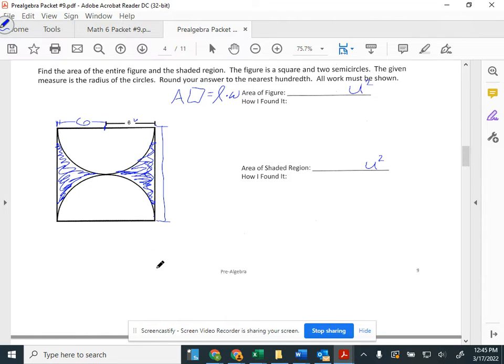Okay. All right. So I can find my area of the figure. How do I find the area of the shaded now? What do I have to do? Paul? We can combine the 2 semicircles to make a circle and then find the area of the circle. Why would we want to find the area of the 2 semicircles?